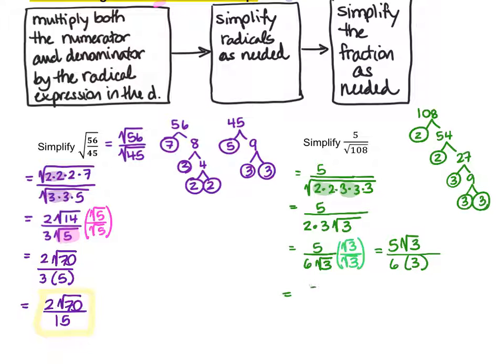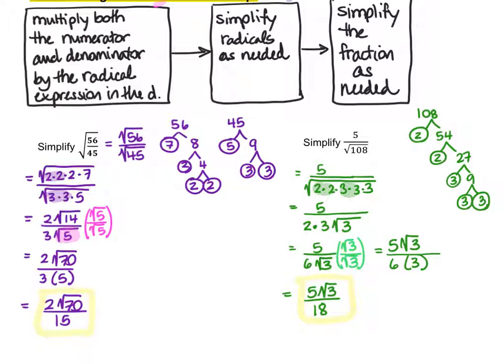That's going to give us 5 root 3 over 18. That is our final answer for this question. Again, you might feel like it can be more simplified, but in this case, we didn't need to simplify the fraction, so that is going to be our final answer.